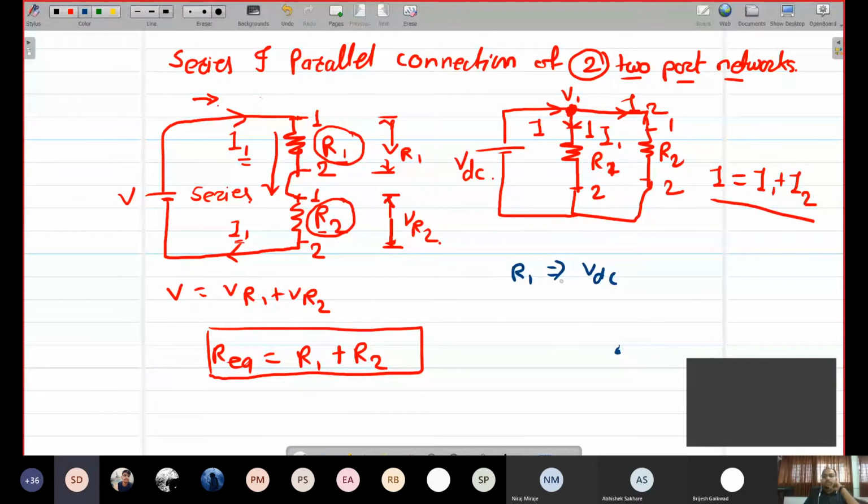Okay, so remember that the drop across each resistor will be equal to the applied supply. So the drop across R1 and R2 will be the same as that of VDC. But the current is going to get divided.